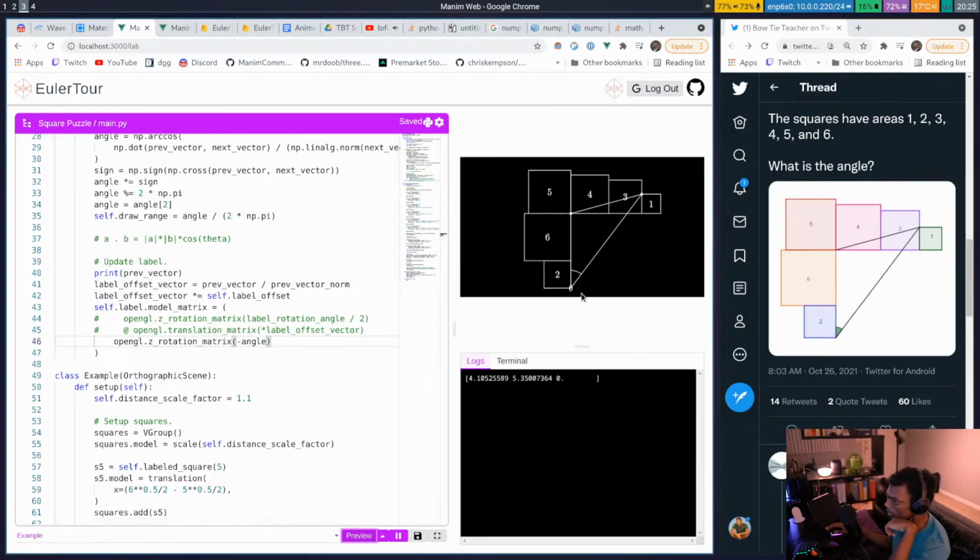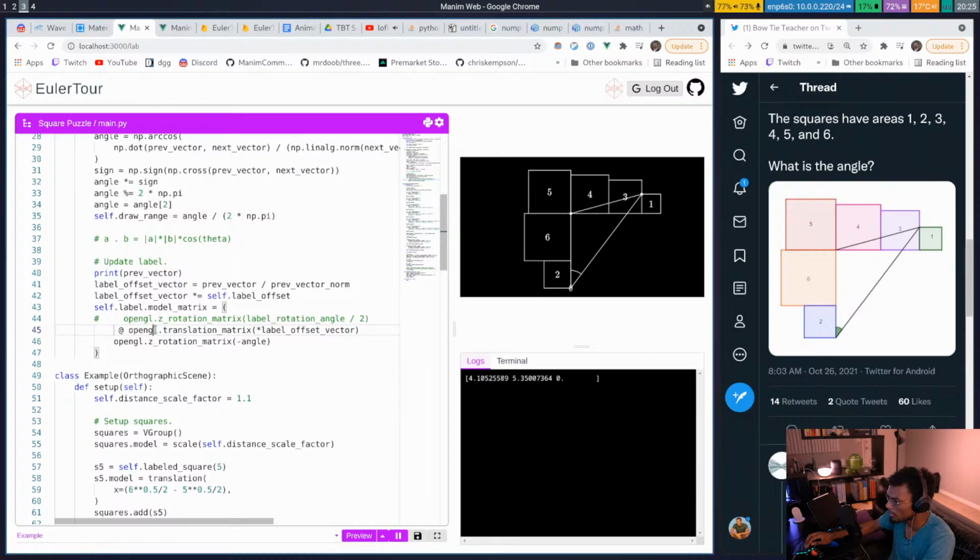So now the coordinate system is aligned with the x and the y axis. It's just y axis up, x axis to the right. Then I'm going to translate this along the previous vector.